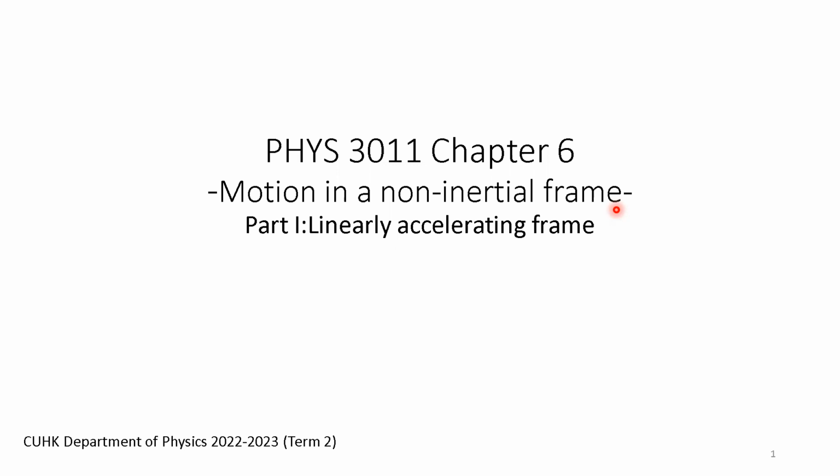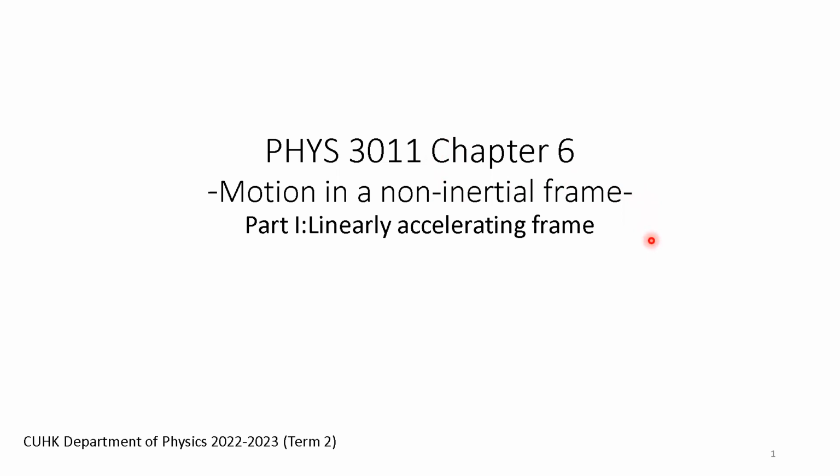An inertial frame means that your reference frame or coordinate system is either not moving or moving at a constant velocity. For a non-inertial frame, that means that our coordinate system is accelerating.